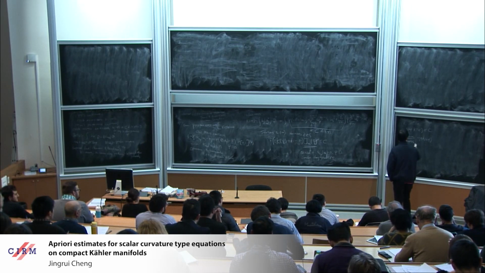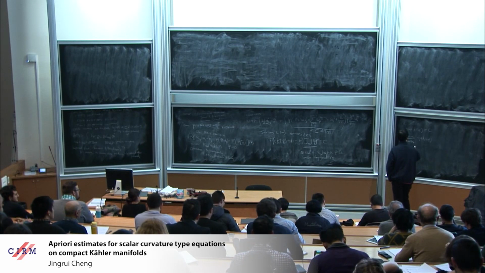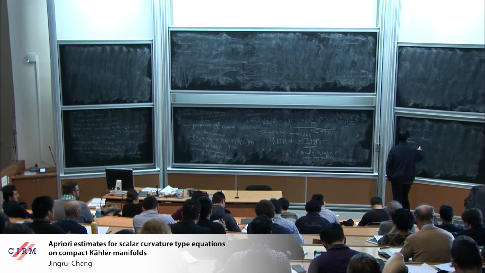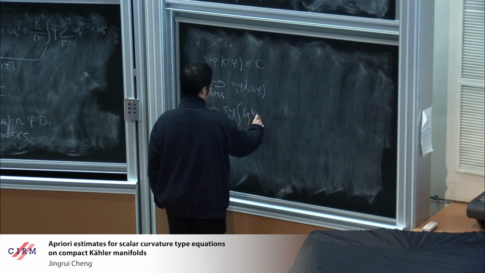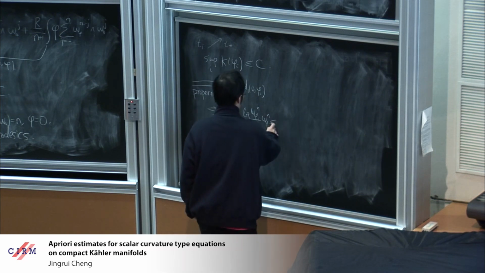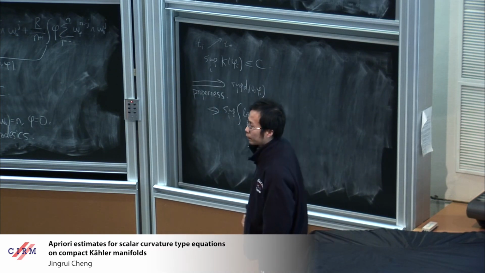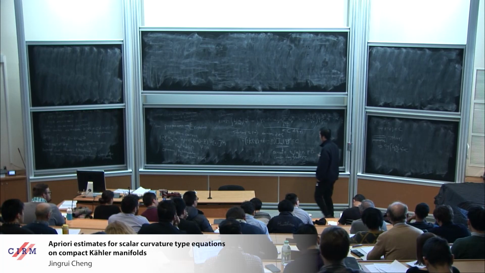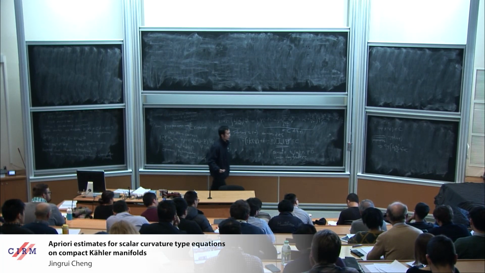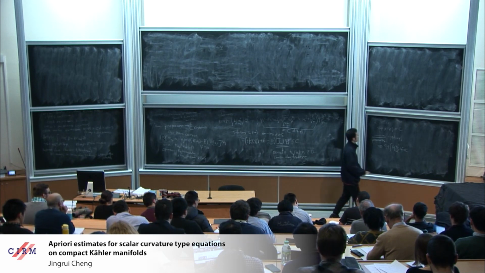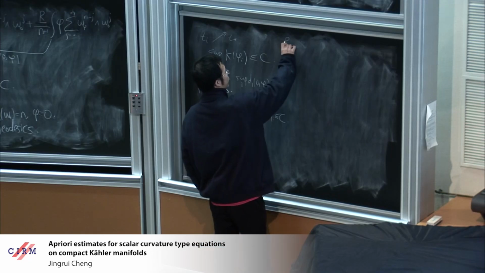So this again implies the uniform bound on entropy, less than or equal to C. And then after we get the entropy bound, that's when the regularity theorem comes in. So here's the regularity.